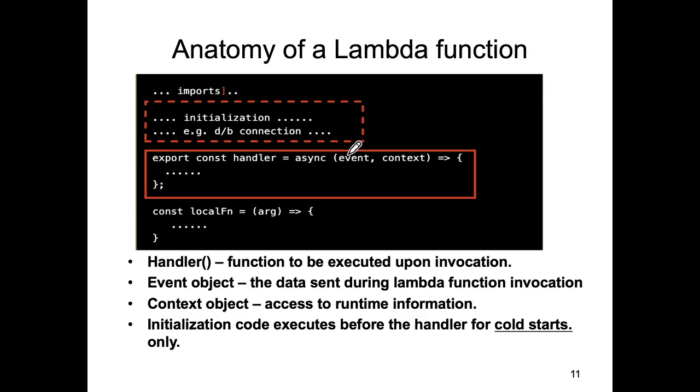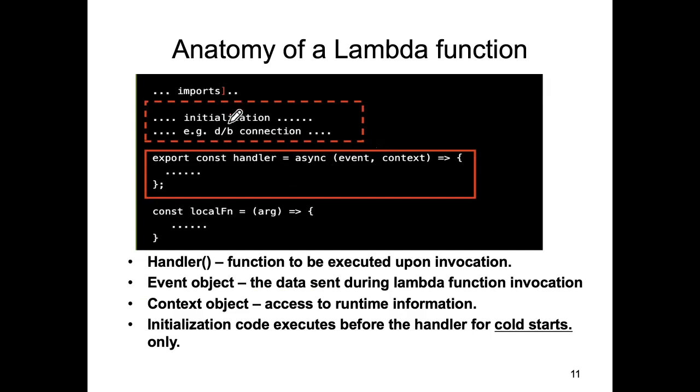The Lambda function takes two arguments. We don't tend to use the second one that much. The first argument is the event parameter, and that contains the details of the event that triggered this Lambda function. And it can do whatever it's supposed to do.